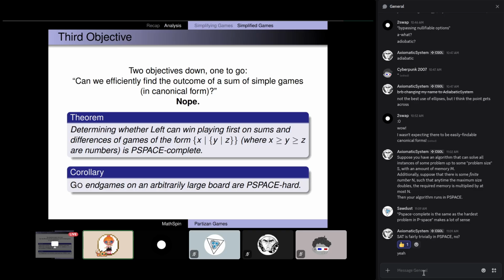If you want to get to EXPTIME-complete or something terrible like that, I don't know if you can do that with combinatorial game theory or what the games would look like to get there. I don't even know any EXPTIME-complete problem. I don't know that much about complexity theory.